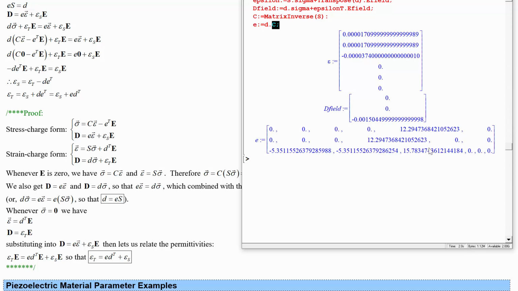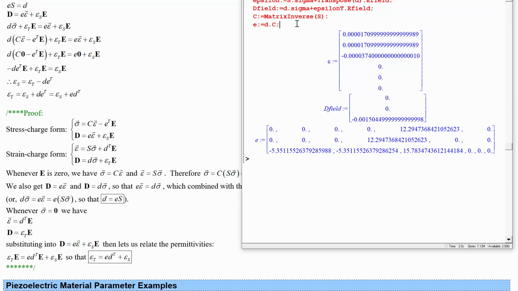So what we have here for the E matrix has the same kind of components as the D matrix does for PZT. So it's got zeros in all the places that the D matrix for PZT does, but it has different values for those components.